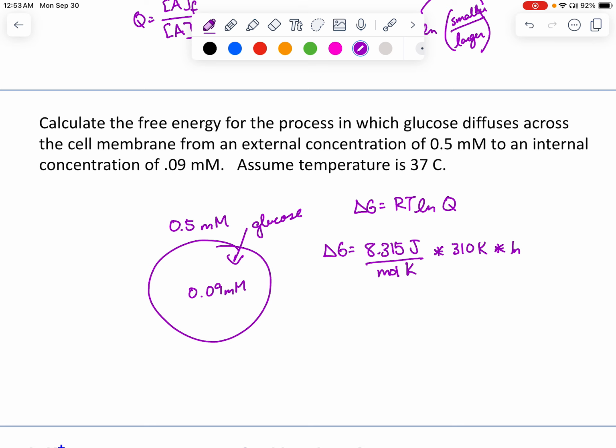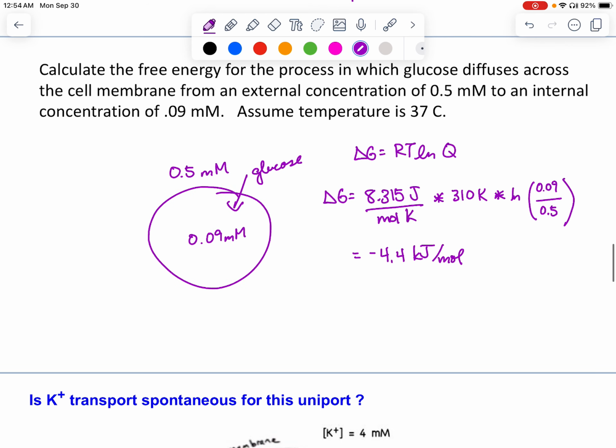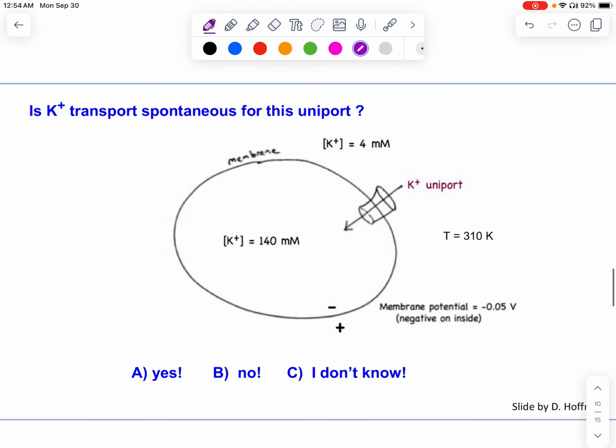So it's products over reactants, or it's final over initial, so 0.09 over 0.5. And when I work this out, I got negative 4.4 kilojoules per mole. So yes, this would be a spontaneous process. We would expect that glucose to spontaneously move into that cell. So let's look at another example.